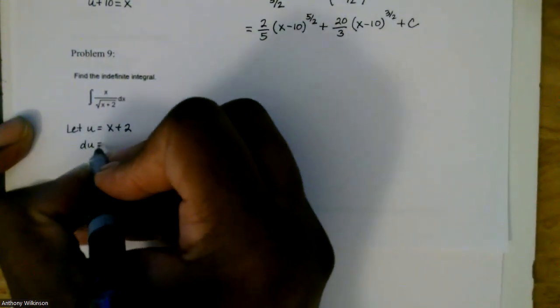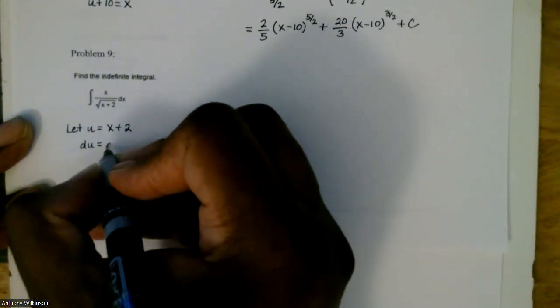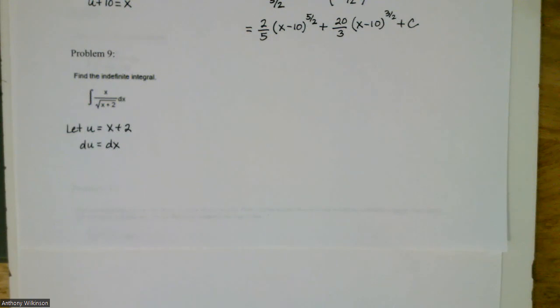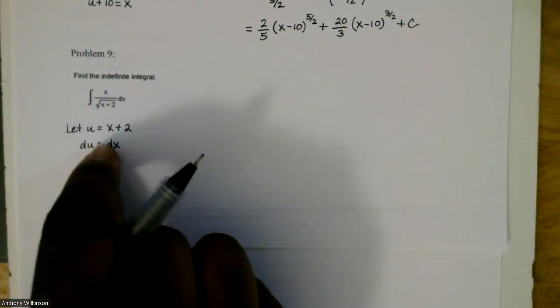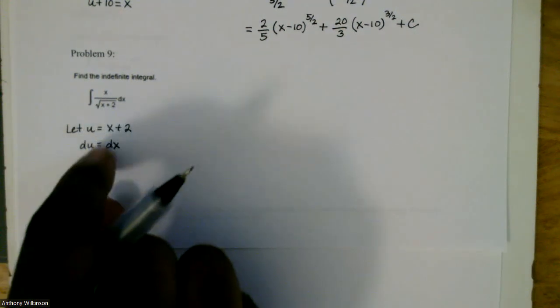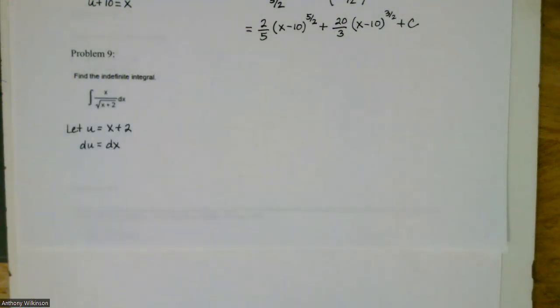And of course, du then will be just 1 dx, or just dx. The derivative of x is 1, the derivative of 2 is 0. So you'll be left with 1 dx, or just dx. Well, we can substitute the dx with the du, and we can substitute the x plus 2 with the u, but we need something in terms of u so that we can substitute the x with.